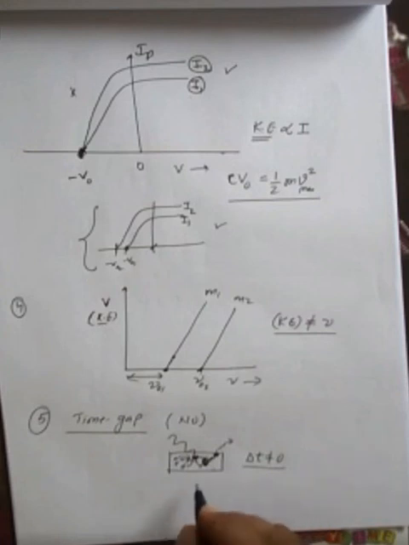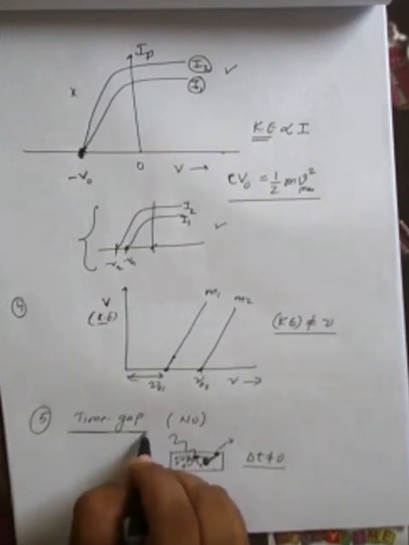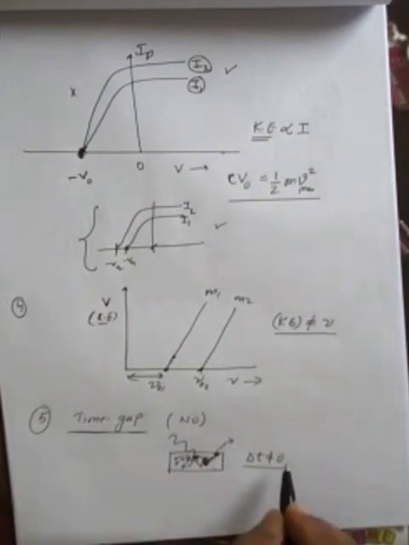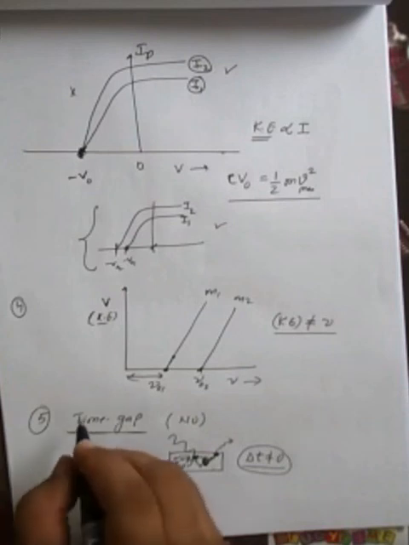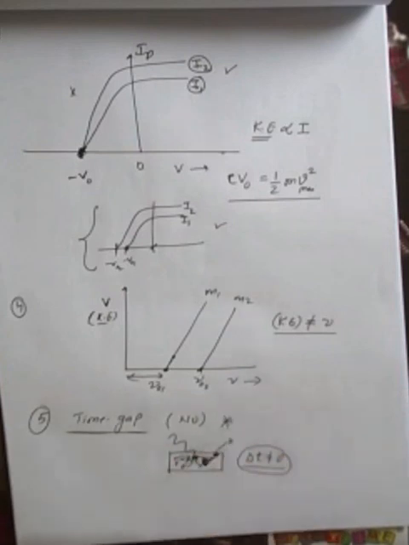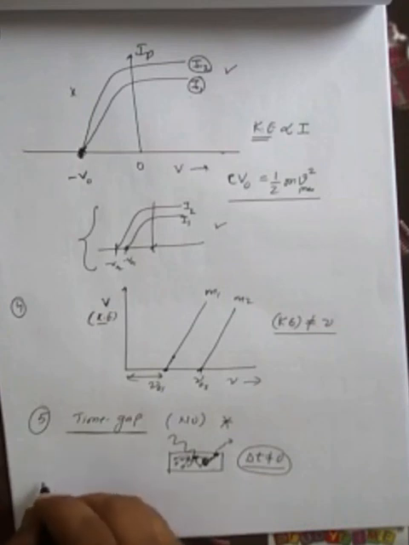But the observation was there was no time gap, while the classical physics says that there should be a finite time gap delta t. So the classical physics concept again failed here to explain this observation. Okay, so then what next?